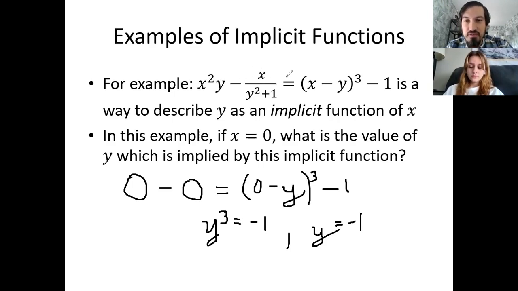And actually, you would have a very hard time writing that as y equals f of x, wouldn't you? If you tried to solve this for y, what would you even do? My goodness. I guess I would maybe expand this cubic term. You would have x cubed and x squared and y, x, y squared and y cubed terms. Multiply everything through by y squared plus 1.